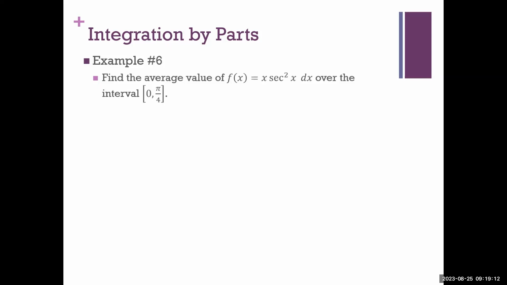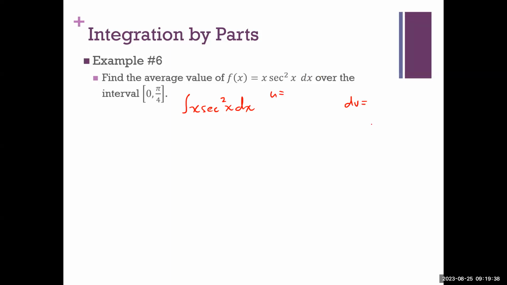So having said that, we know we need to integrate. What is a good place to start here? Finding u and dv. So let's do that. u equals something, dv equals something.